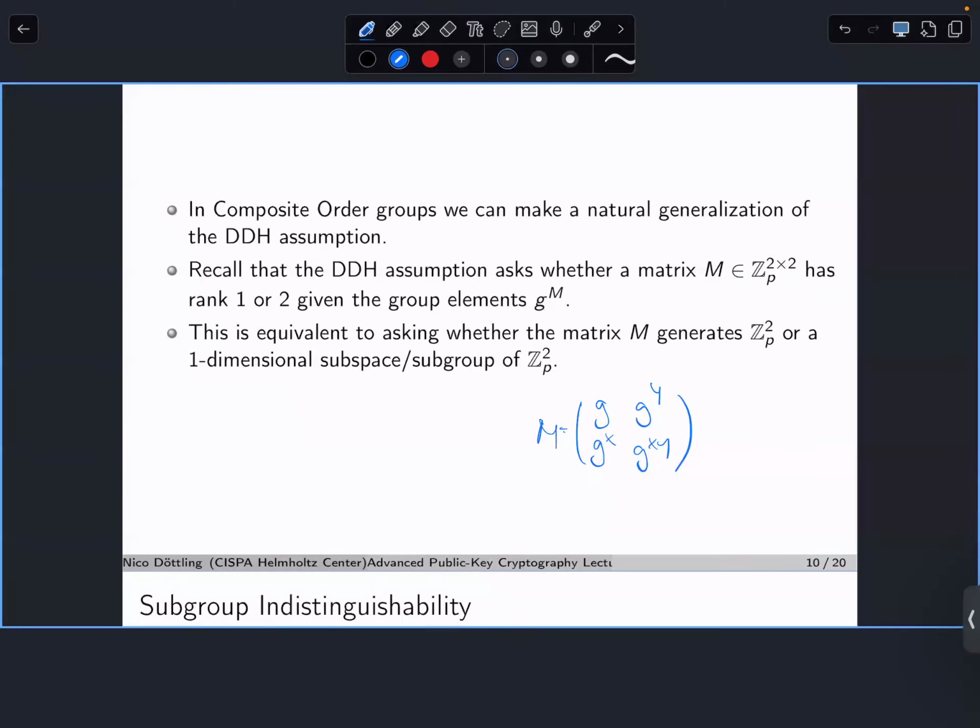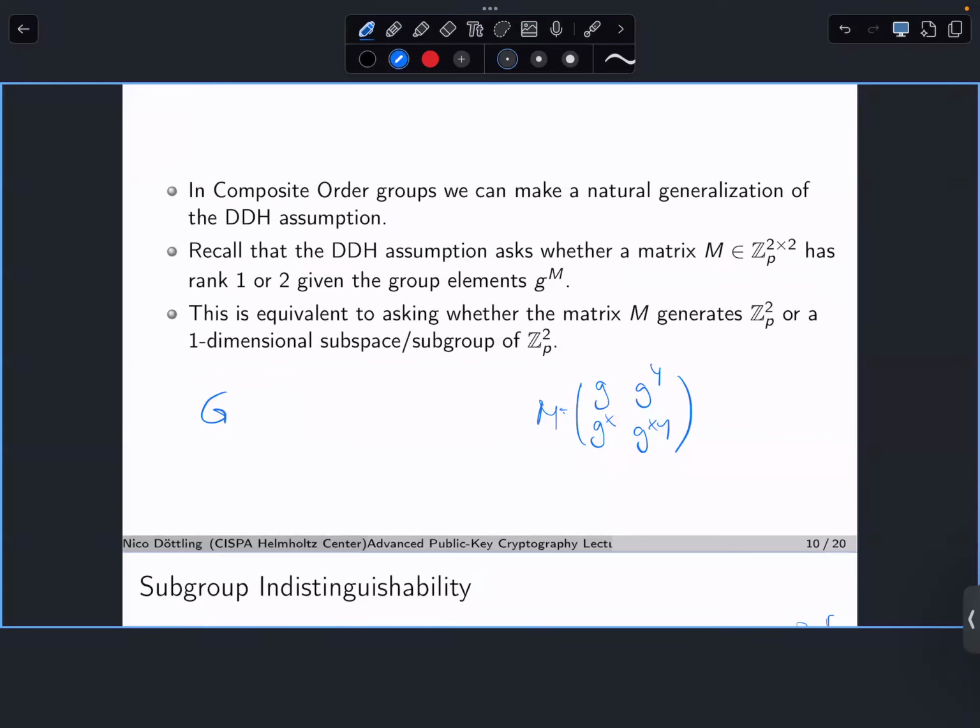On the one hand, if you take GP squared, that can be written as GP times GP. That's a definition, right? And on the other hand, we've seen GPQ. This is just GP times GQ. They're very similar.